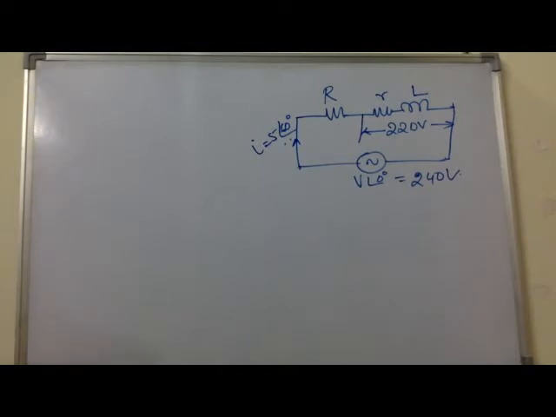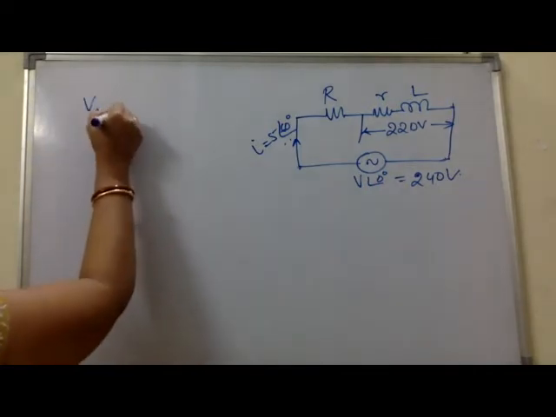So what things are given to us? The supply voltage is 240 volts, a resistor and a coil are connected in series, the voltage across the coil is 220 volts, and the current in the circuit is 5 amperes but lagging behind by 60 degrees. So when you solve it, you can find out the impedance of the coil and the impedance of the circuit.